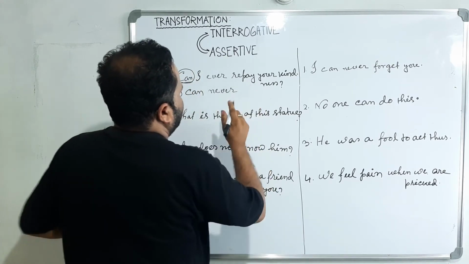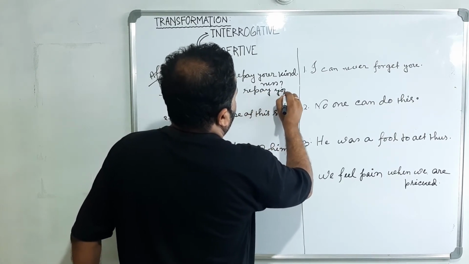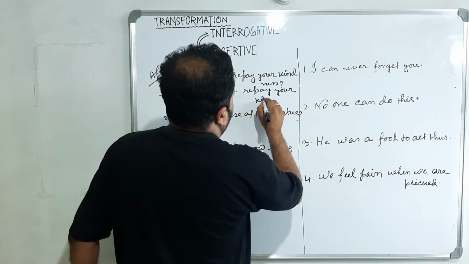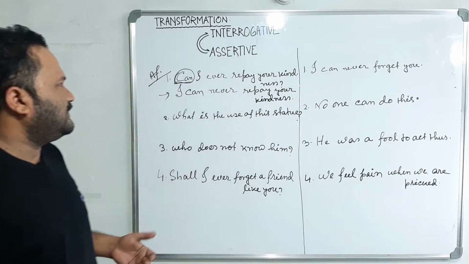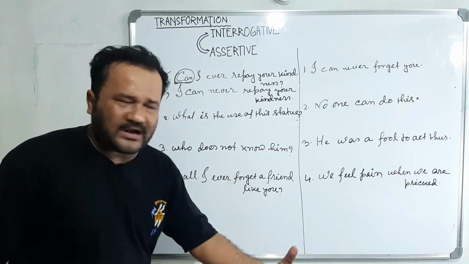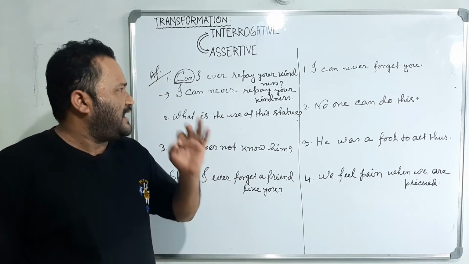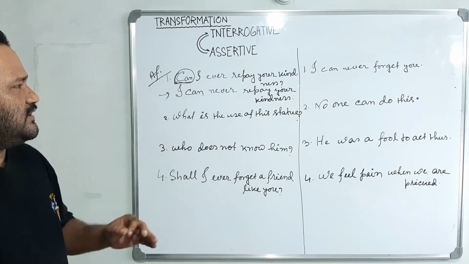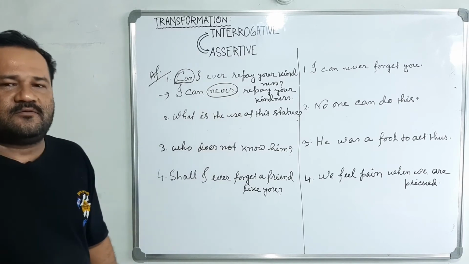I can never repay your kindness. So clear? Can I ever repay your kindness? No. That means I can never repay your kindness. So it becomes negative with the negative word.